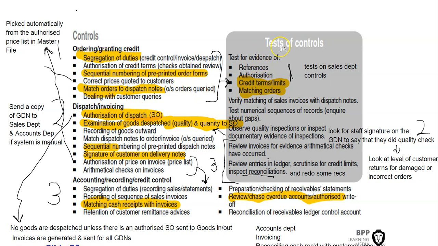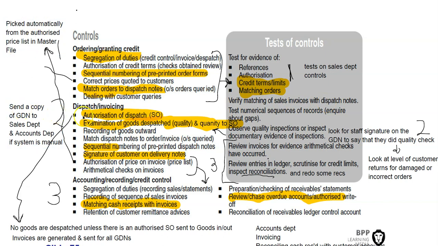And so one of the controls that the auditor will look at is whether there is a file where sales orders are matched to goods dispatched notes to see if any orders are outstanding and what follow-up was done. And that's the verifying matching of sales invoices with dispatch notes there.